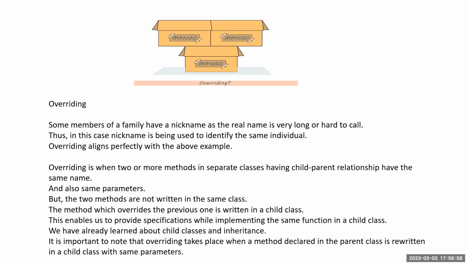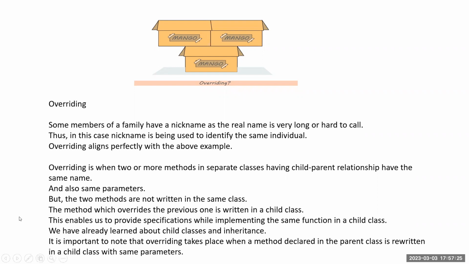The method which overrides the previous one is written in the child class. This enables us to provide specification while implementing the same function in a child class.